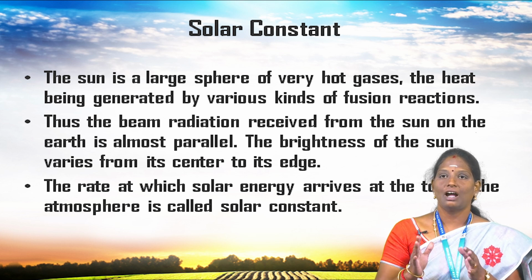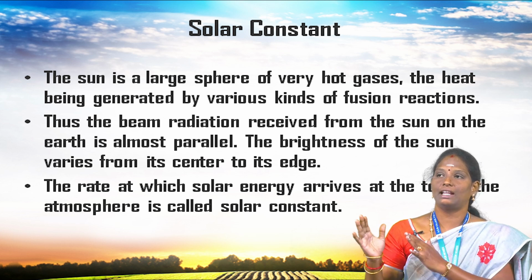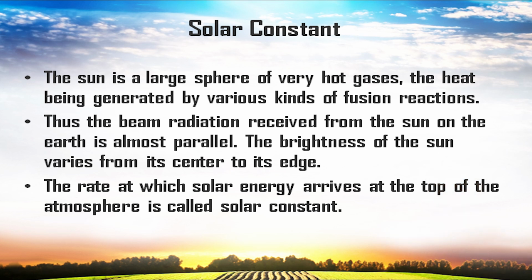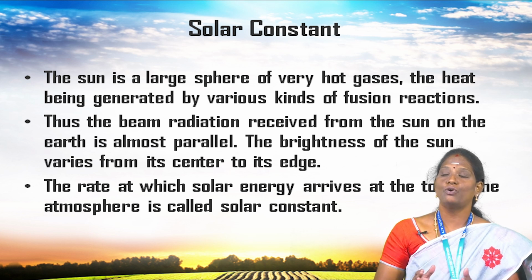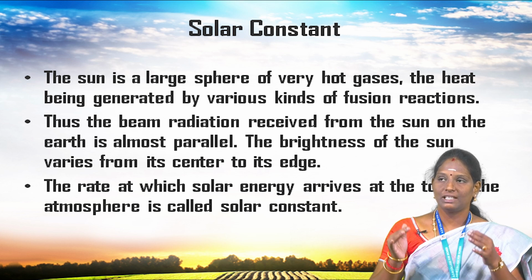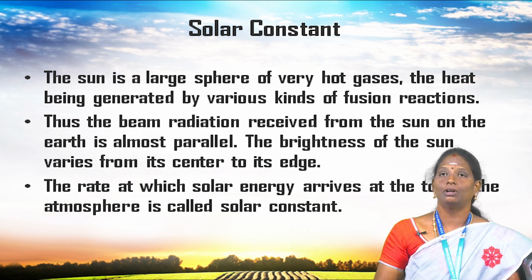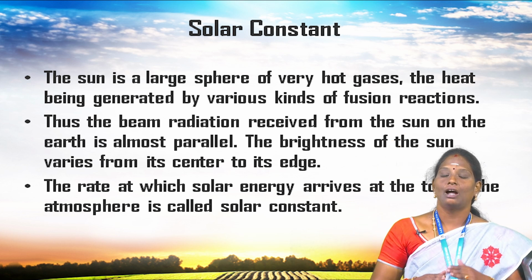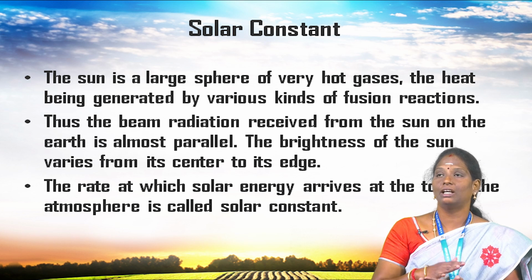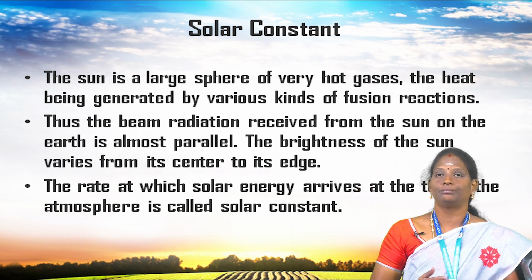The rate at which solar energy arrives at the top of the atmosphere is called the solar constant. This is the amount of energy received in unit time on a unit area perpendicular to the sun's direction at the mean distance of the earth from the sun.